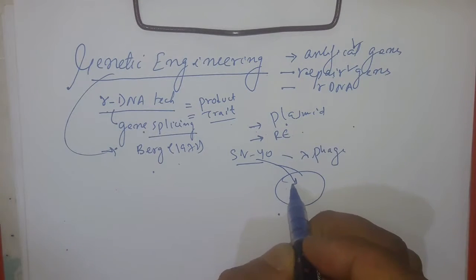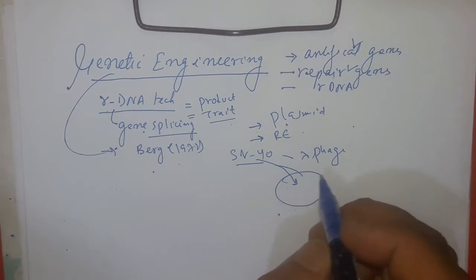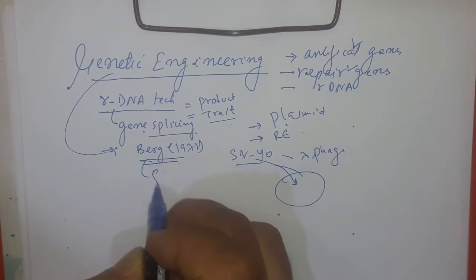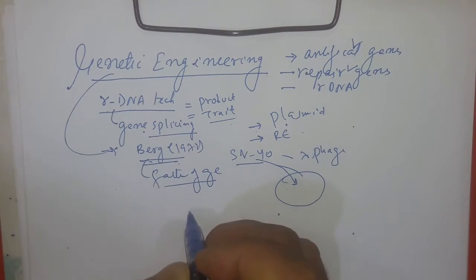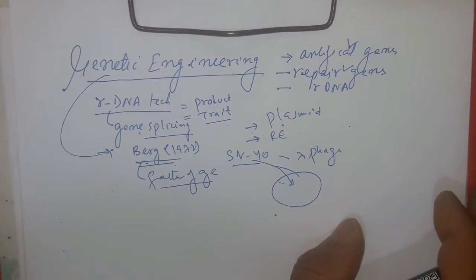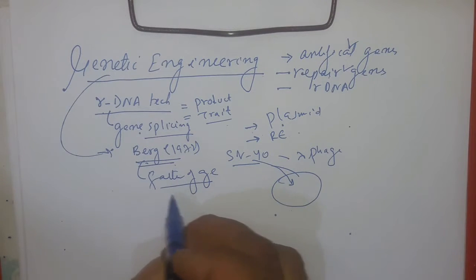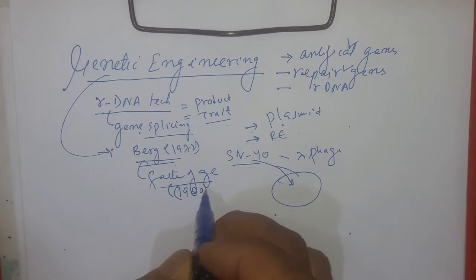So he would introduce SV40 into bacterium with the help of lambda phage. That's why he is father of genetic engineering. And for this, he was awarded Nobel Prize in 1980. So he also got Nobel Prize 1980.